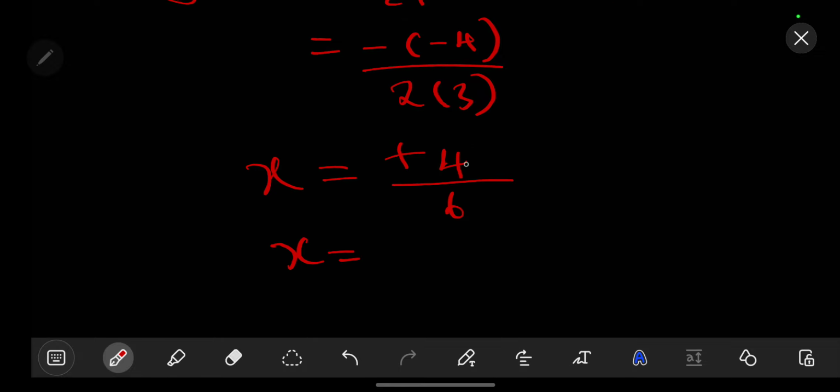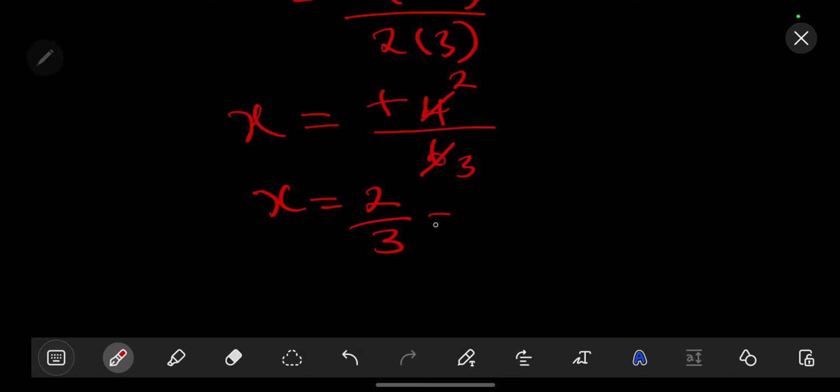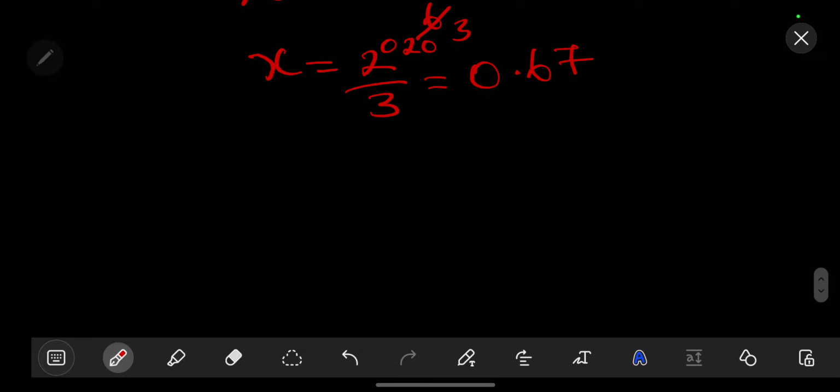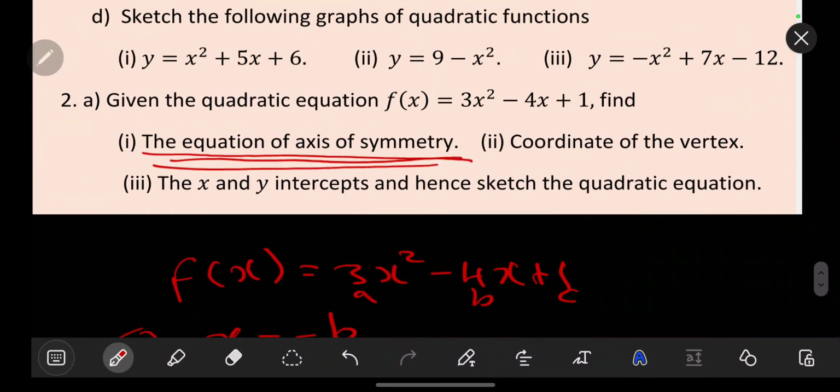So x is equal to, let's reduce it, 2 can enter into 4, 2 can enter into 6, so we have 2 over 3. This value is approximately equal to 0. We add a 0, 20 divided by 3 gives us 6. The remainder is 2, add another 0, it will be 6. So we just write 0.67. That means we have answered the first part.